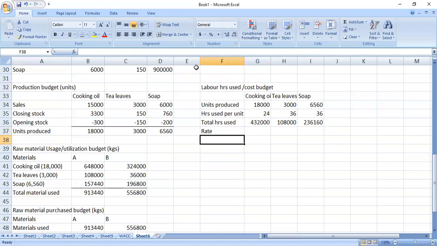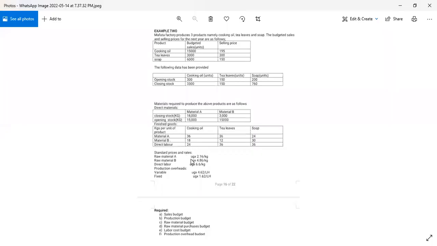You can refer to the information that we have. Okay, they say standard prices here. Direct labor hour, it is 6.6, sorry, Uganda shilling per kg, but I think it's supposed to be per labor hour. Okay, it's supposed to be per hour. And 6.6 is the rate. So you come and put 6.6.